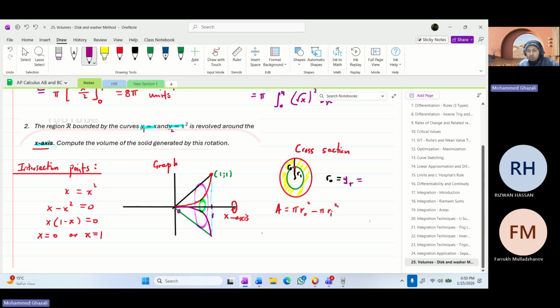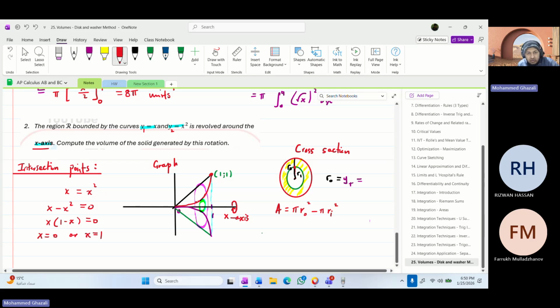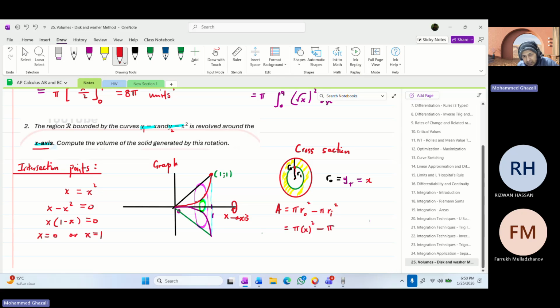What's the top function? The straight line, y equals x. So you get pi times x all squared, minus pi. What's the inner radius? X squared. Good, that's the bottom function, which is x squared, squared, because you're finding the area of the cross section.